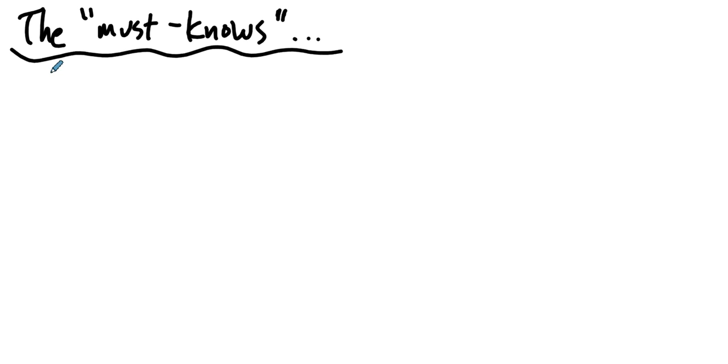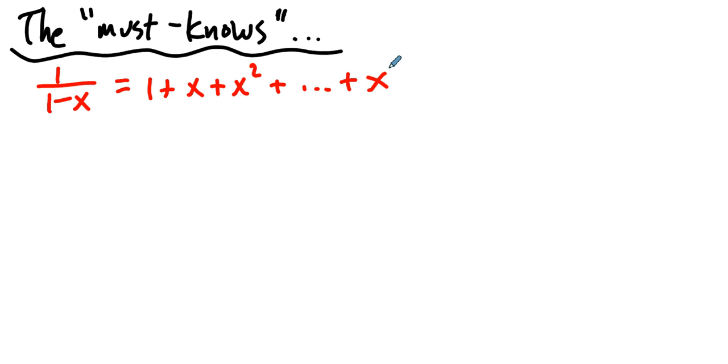Well, you have to know that 1 over 1 minus x is the sum of a geometric series. It's 1 plus x plus x squared, and so on, where the generic term is x to the n, and that works on negative 1 to 1. That's the interval of convergence. So what does that mean?